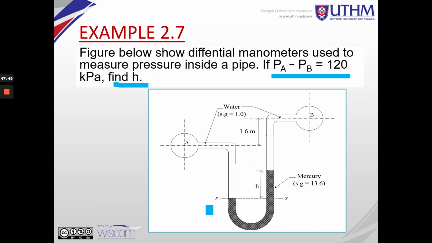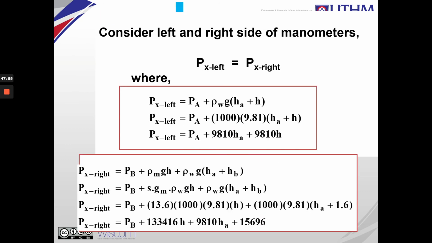So using Pascal's law, this X here, at the left and right, must be equal. So consider the left and right sides of the manometer. We use PX left and PX right.